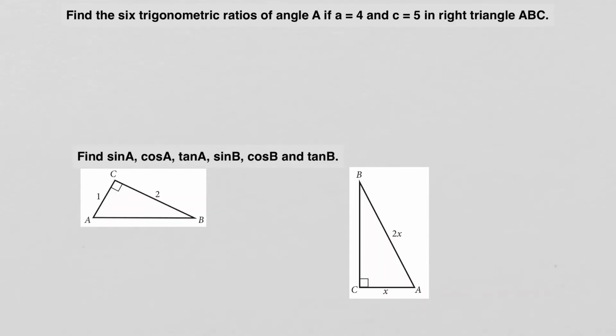Now let's take a look at an example. In our first example, it says, find the 6 trigonometric ratios of angle A if side A is 4 and side C is 5 in right triangle ABC. So now the first thing I want to do here is draw a triangle that represents triangle ABC.